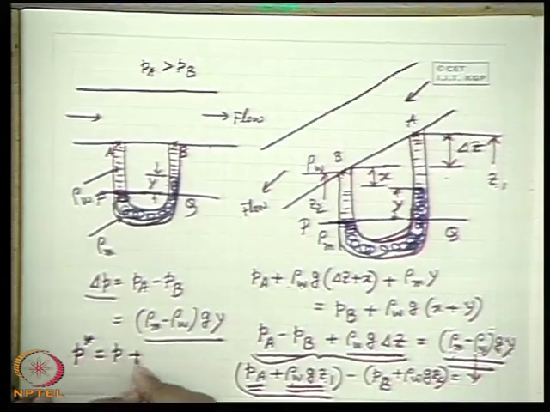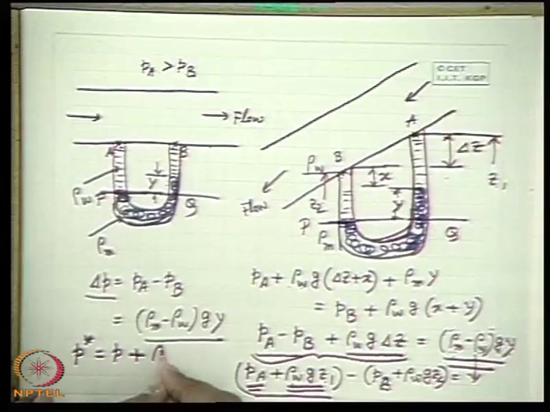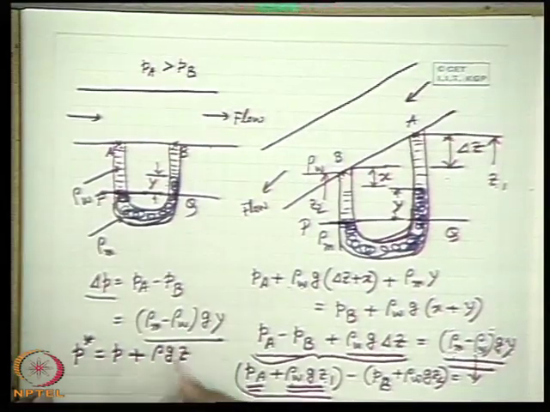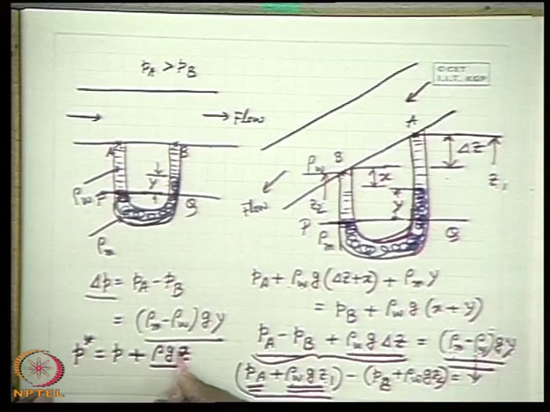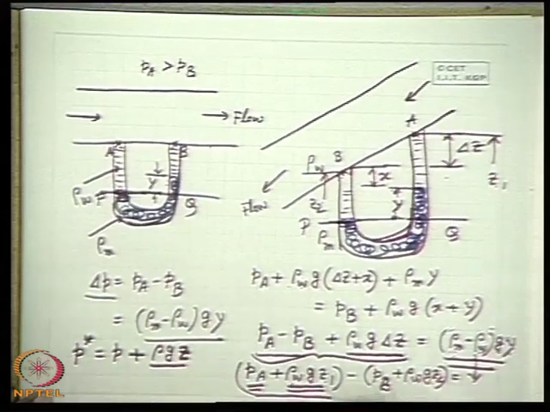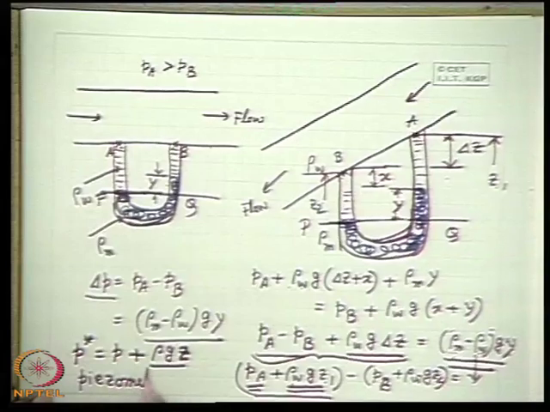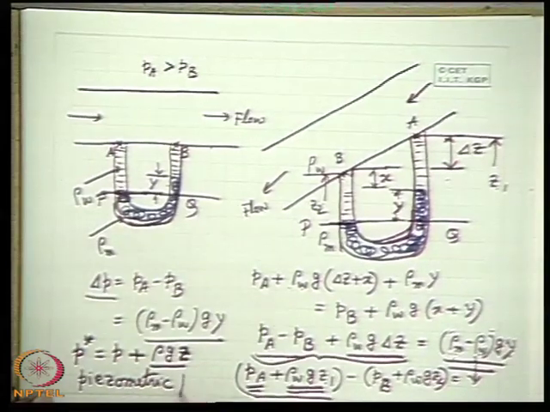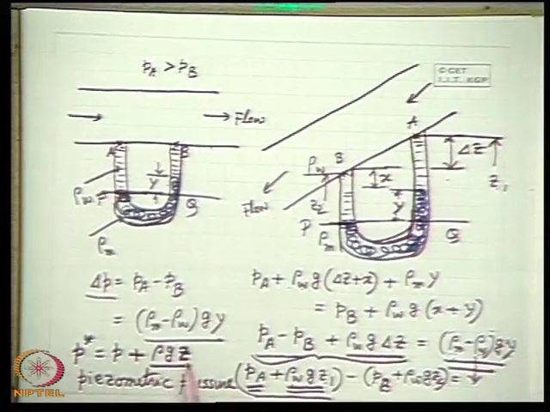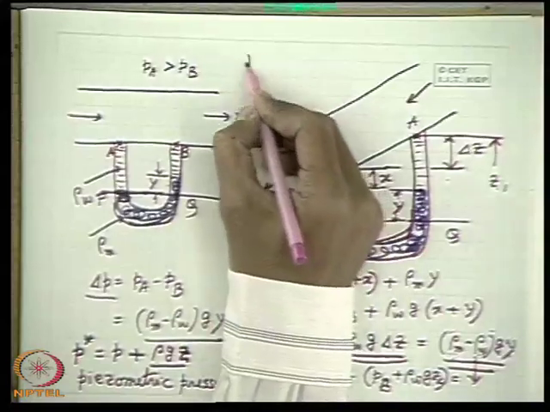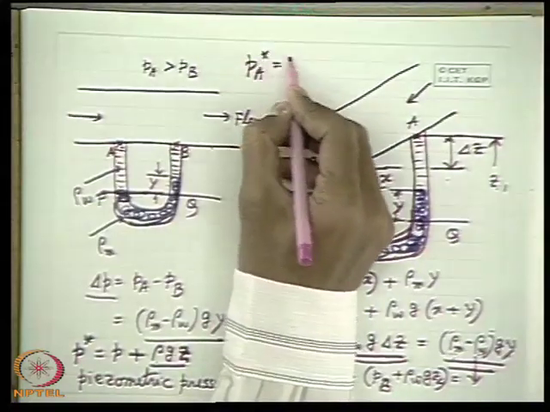That is, piezometric pressure is defined as the static pressure plus the equivalent pressure corresponding to its vertical elevation from a reference datum. So this is a very important definition which we will come across afterwards, piezometric pressure. So always piezometric pressure is defined as static pressure plus the pressure equivalent of its elevation from a fixed datum, rho g. So therefore it registers a piezometric pressure difference, PA star minus PB star.